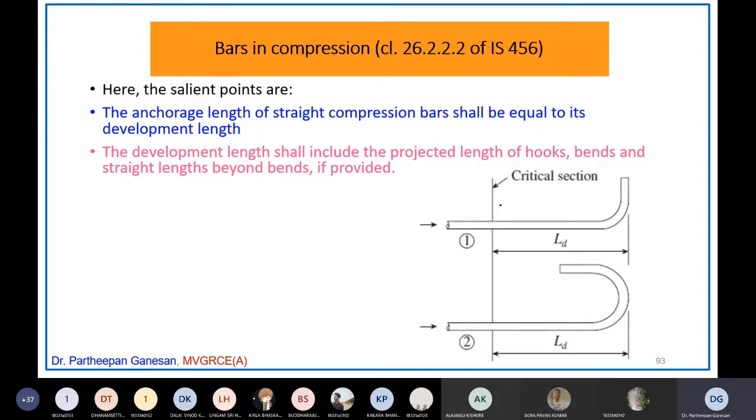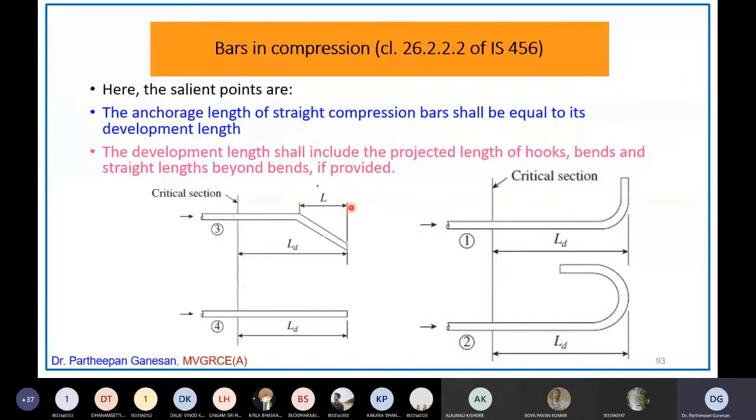For example, here you are providing a hook. Now the development length is only this much length. This is the development length, the projected length from this critical section to here. If it is a 90 degree hook, this is also the same.